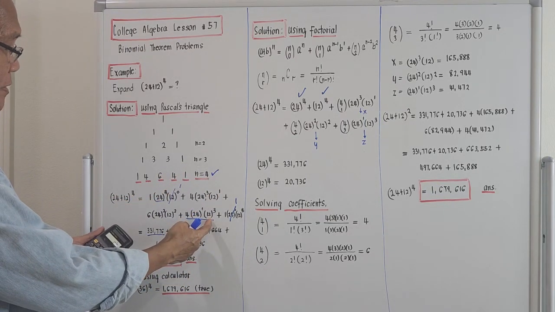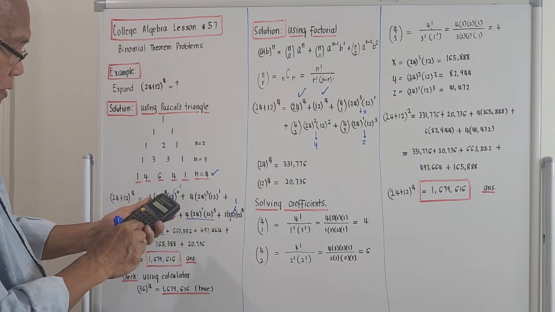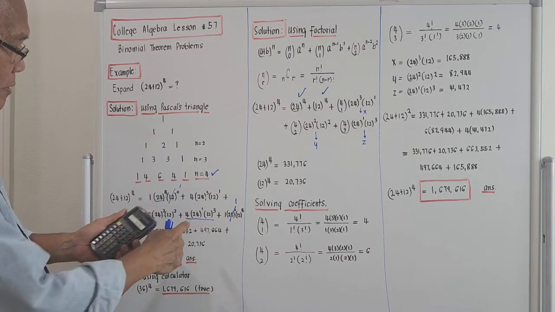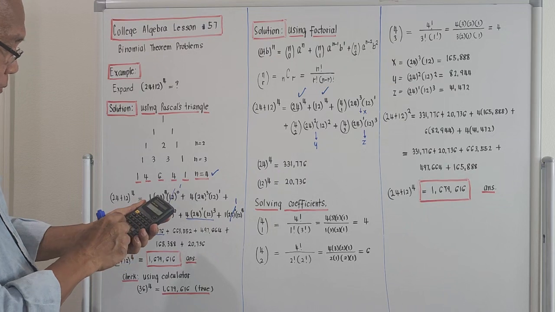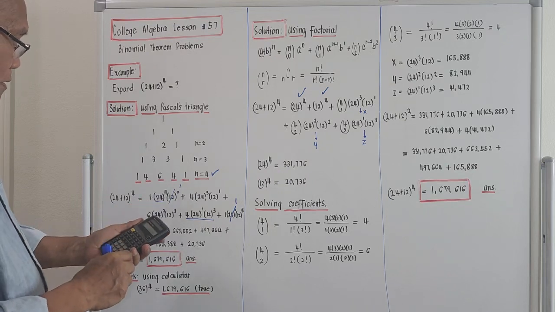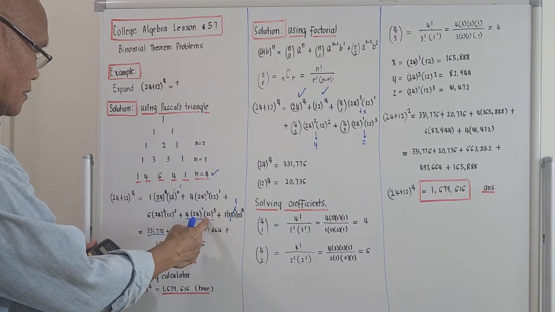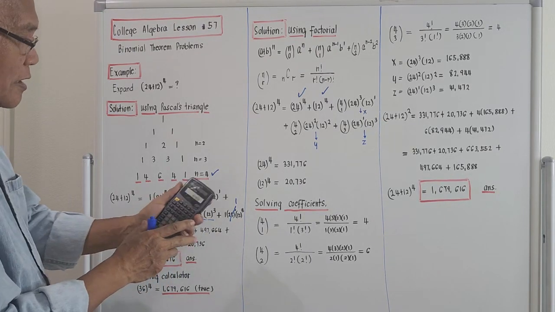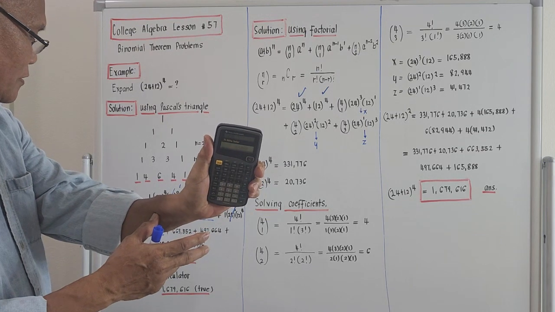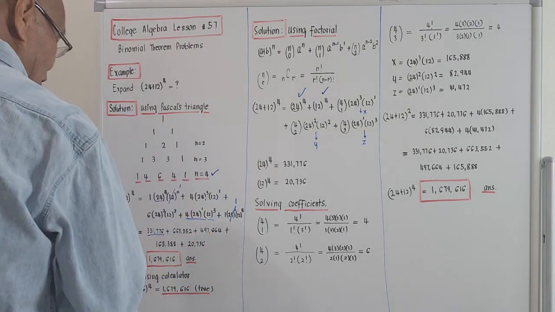This one, times 24, times 4. Okay? And the value of this is actually this one. It's 165,388. It is this.